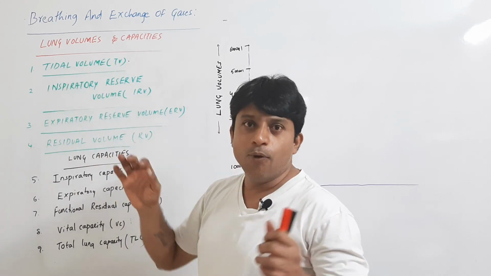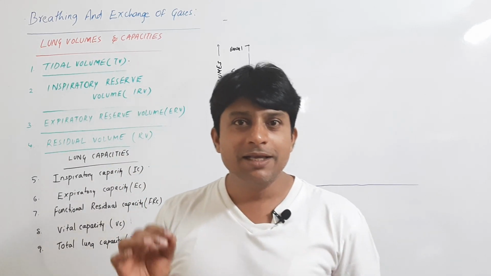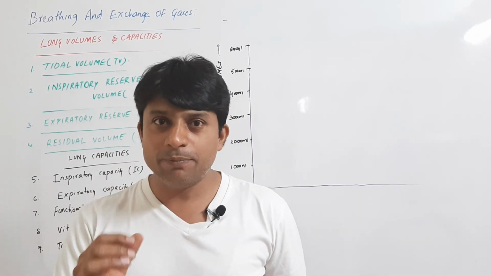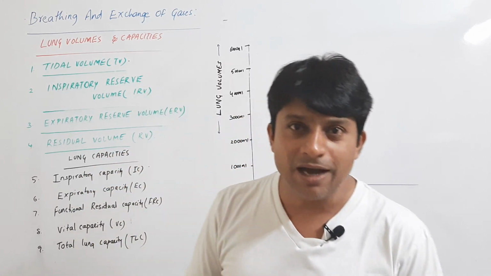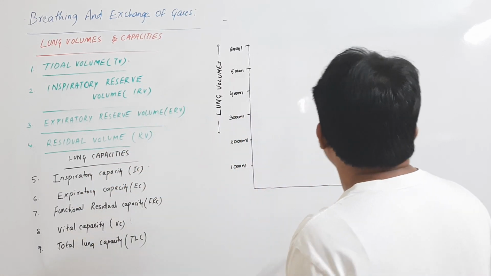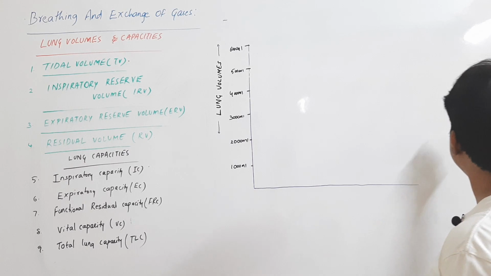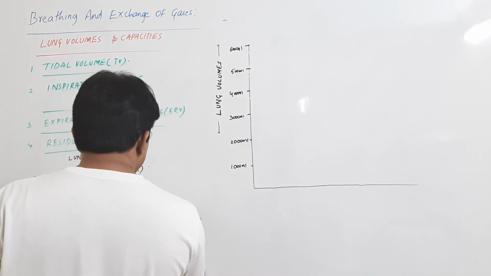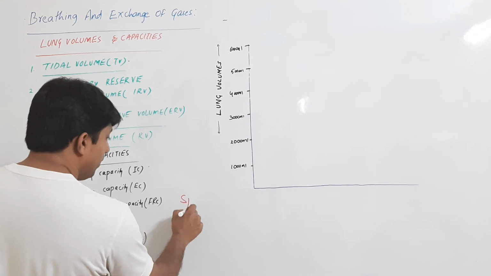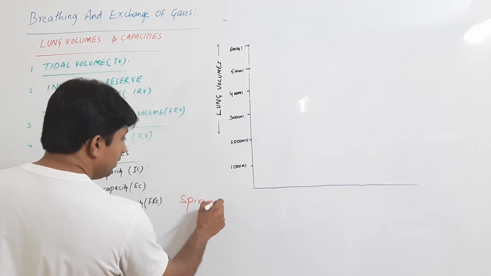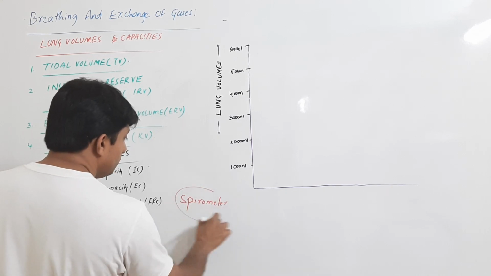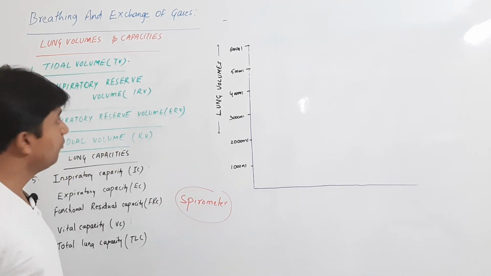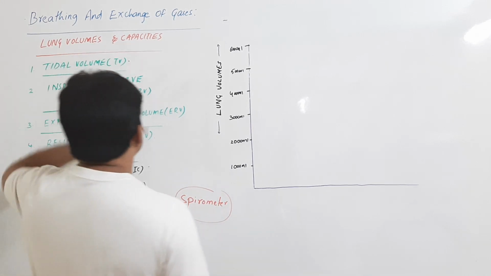So remember, volumes are those which are measurable values. That means you can measure. How are these measured? Mostly the lung volumes are measured by using a spirometer, right? So spirometer is an instrument. By using spirometer, lung volumes are measured. Okay, fine. Now we'll talk about the lung volumes.